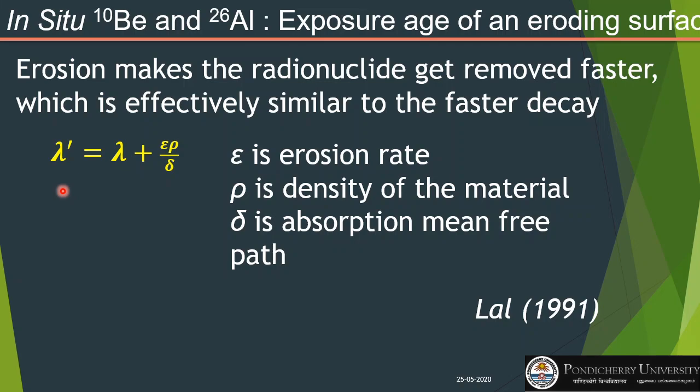I mean, when they decay, they no longer are there. So effectively, a faster erosion means a faster decay. So you are increasing your lambda if you have erosion.